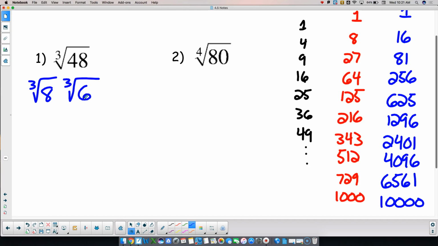Just to make sure, I look down that red column again to make sure that none go into 6. The only one that goes into 6 is 1. So that gets me done there. The cube root of 8 is 2, because 2 times 2 times 2 is 8. So the cube root of 48 is 2 times the cube root of 6.